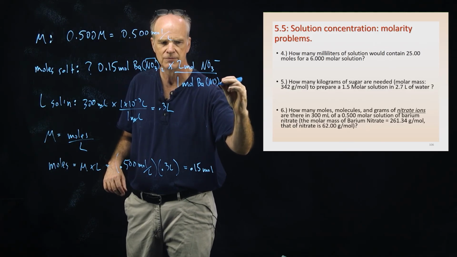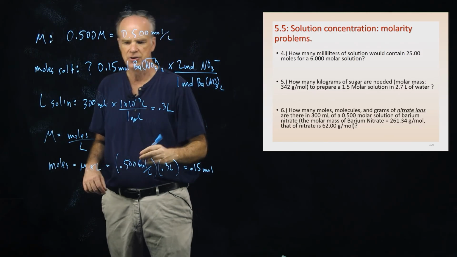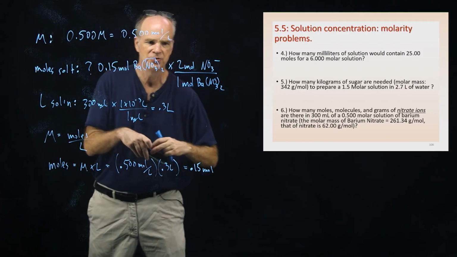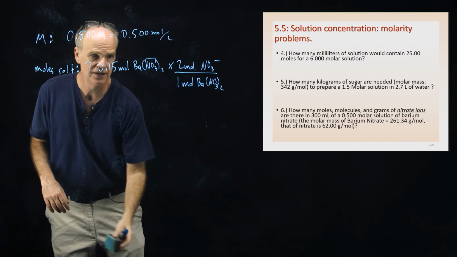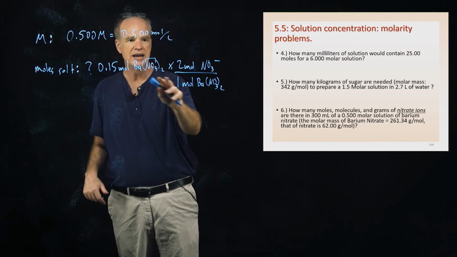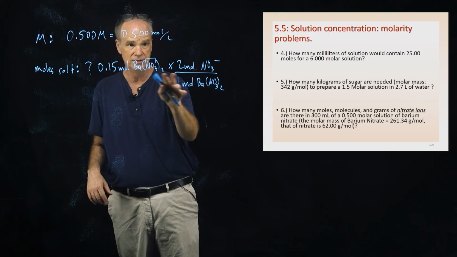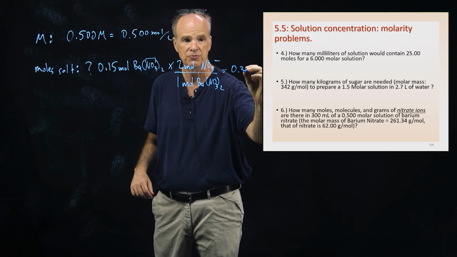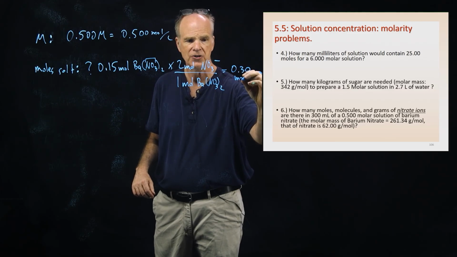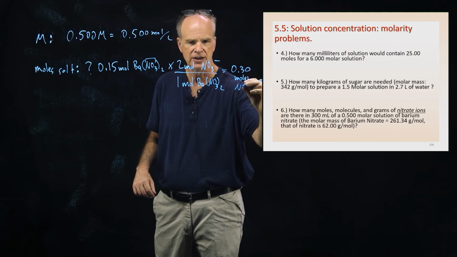Okay, so let's see where we're at. Let me clear off some space. Okay, so it looks like right now we can do this math and get the answer as 0.30 moles of nitrate.